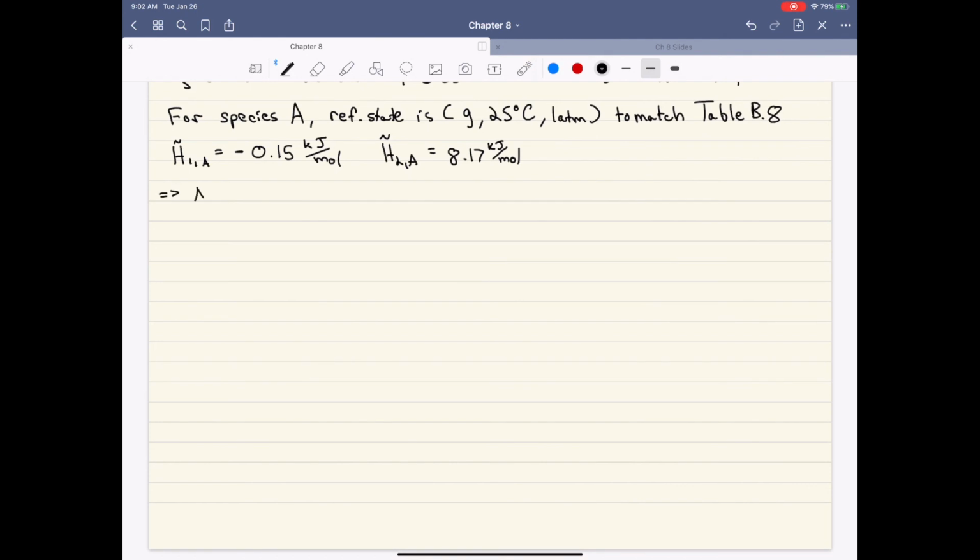All right. So delta H dot, we just need to go through the column, or through the table.